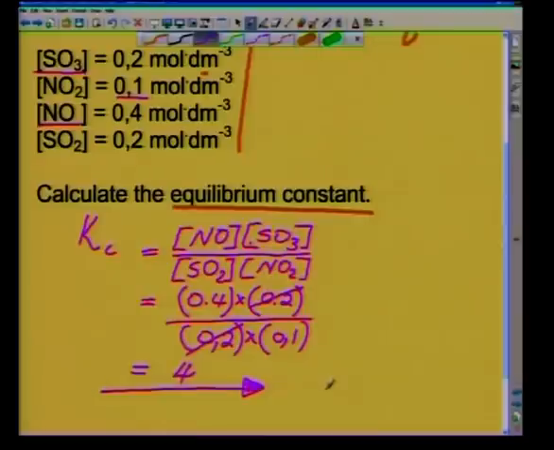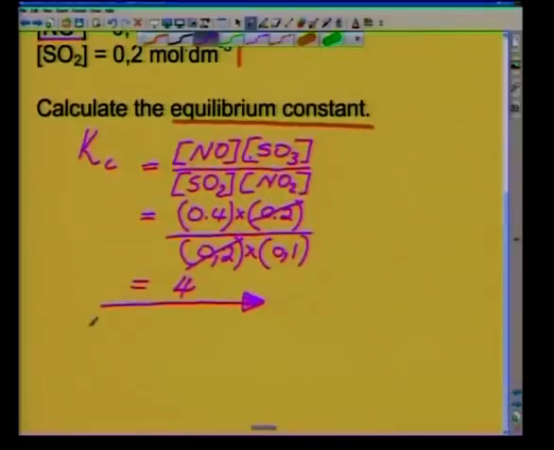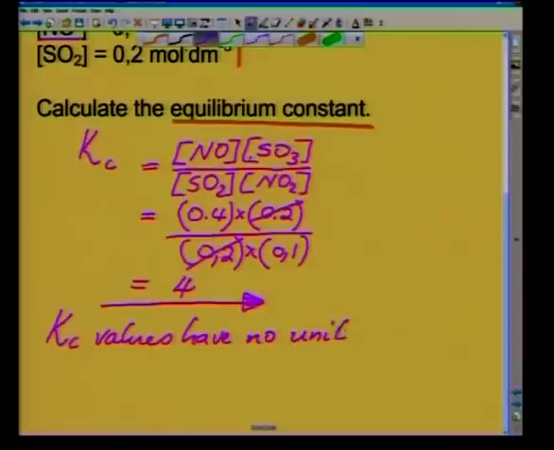Now, I'm not putting a unit here. Why? Because Kc values do not have units. Okay? Kc values have no units. If you look at it, you're dividing concentration by concentration.